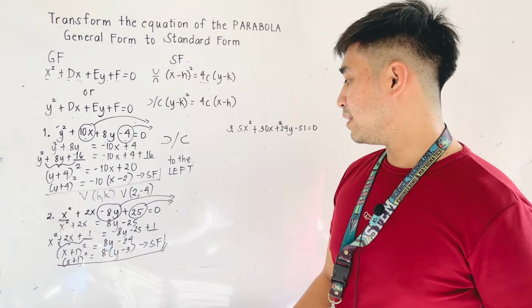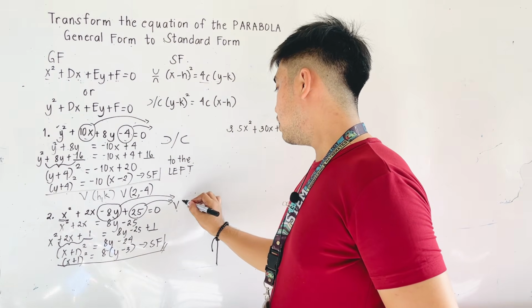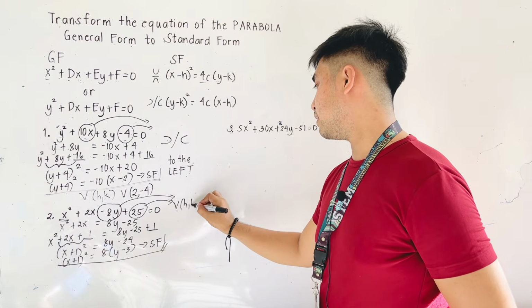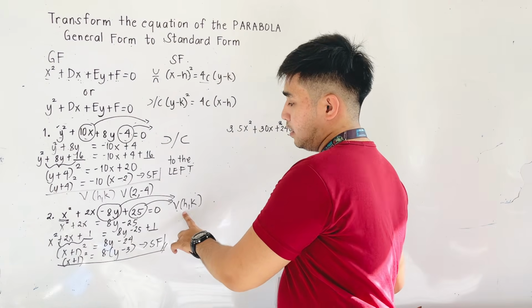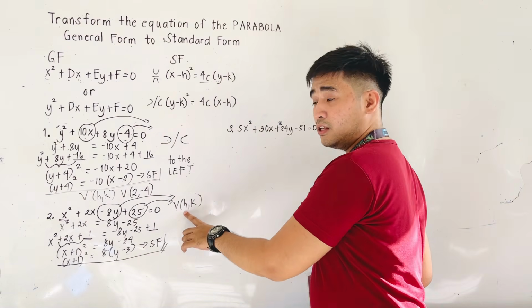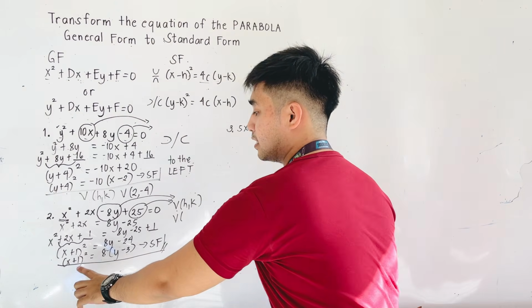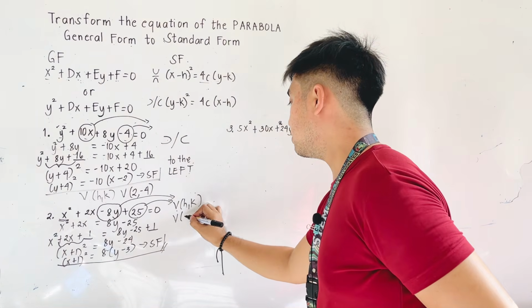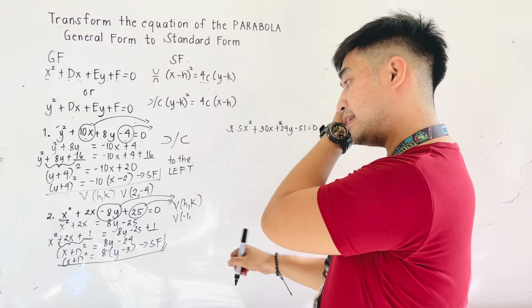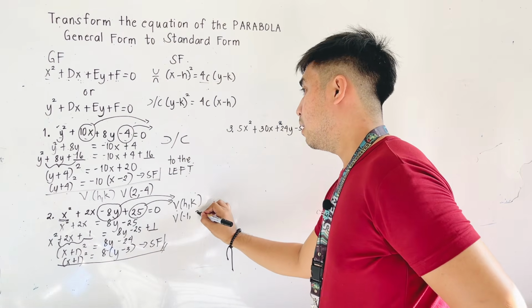But where is the location of the vertex that is located at h, k? Again, x will be partnered with h and y will be partnered with k. Therefore, where is the location? This is positive 1, therefore that becomes negative 1. If that is negative 3, that becomes positive 3.